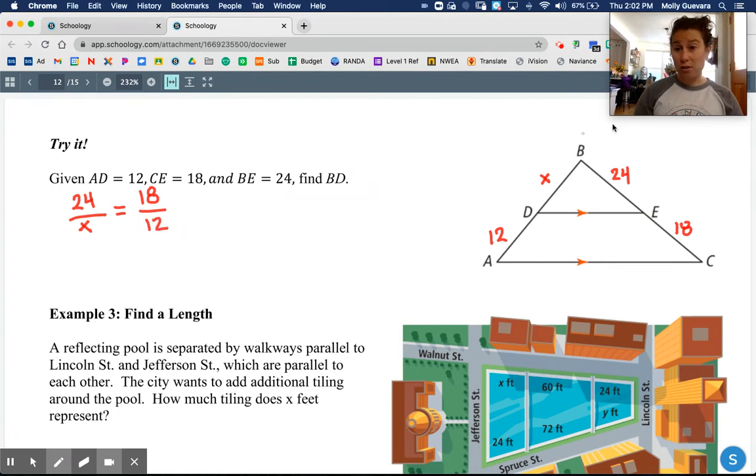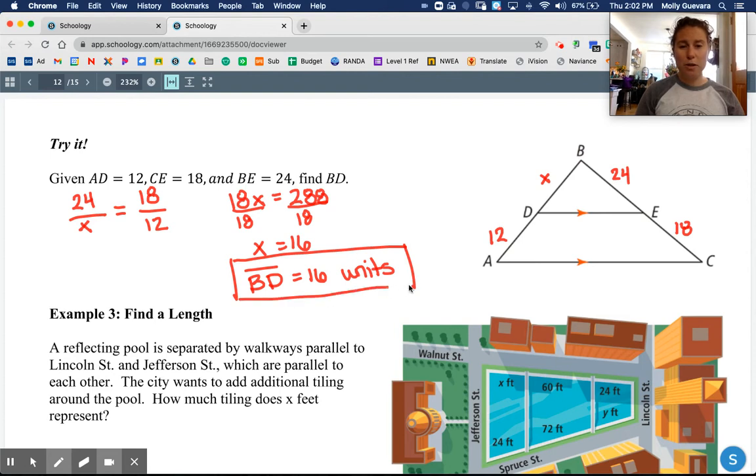I could also have found the whole length of the sides and done that too, but I don't necessarily need to. So we're going to cross multiply. So 18x equals 24 times 12, which is 288. Divide by 18. I'm going to get x is equal to 16. So the length of BD is 16 units.